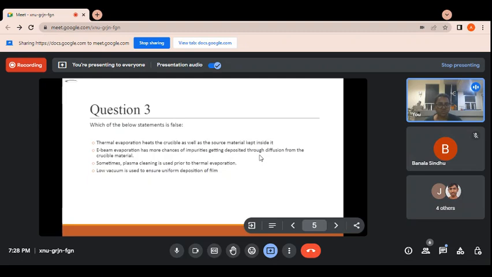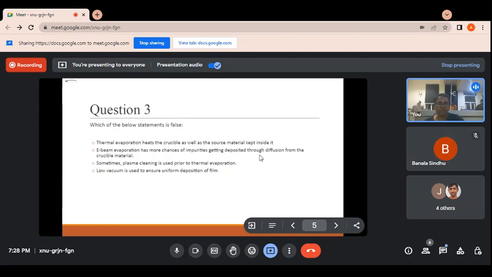So there is less possibility of impurity from the crucible or the substrate holder getting into the material which will be deposited, no? So there is less chance of adding this impurity or the diffusion from the substrate holder or the crucible to that source material.